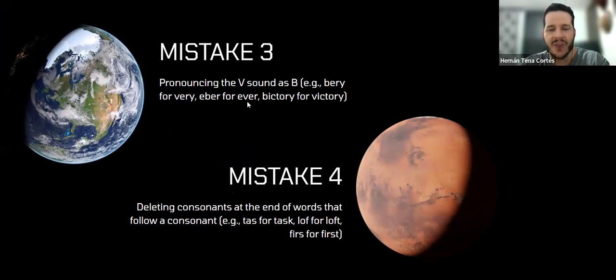Or instead of ever, they say ever. Or instead of victory, they say victory. So let's practice the V pronunciation with these words I am going to share with you.